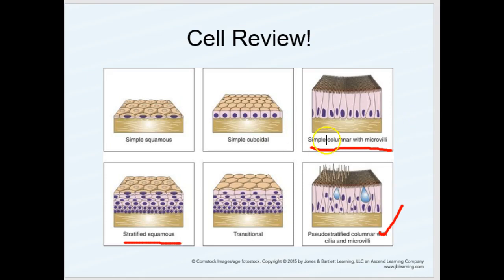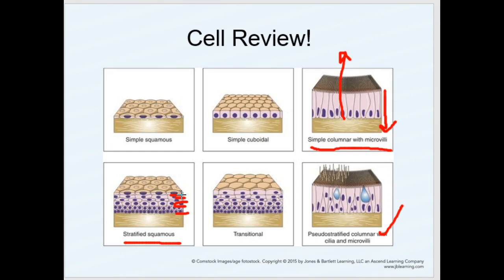And we have this simple columnar, so we have a thin membrane. It's not really a membrane, I'm just saying it, through which we can absorb substances and or secrete substances. So simple columnar from stomach all the way down to rectum. Stratified squamous, you could see, is multiple cells. Each one of these purple dots is a nucleus.